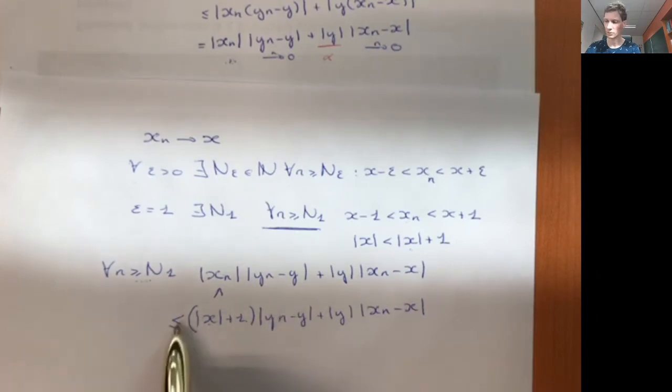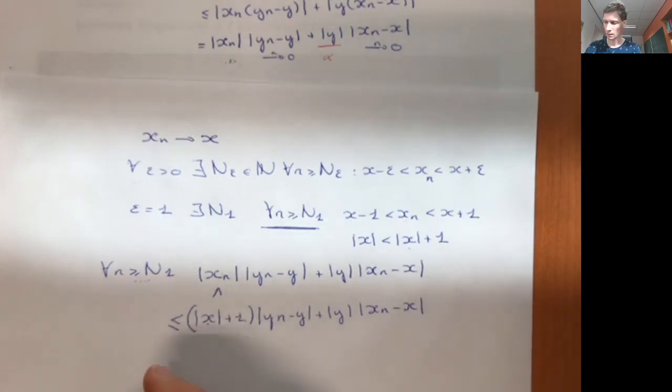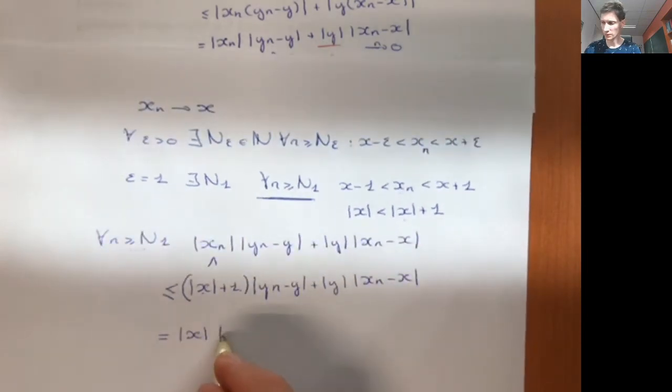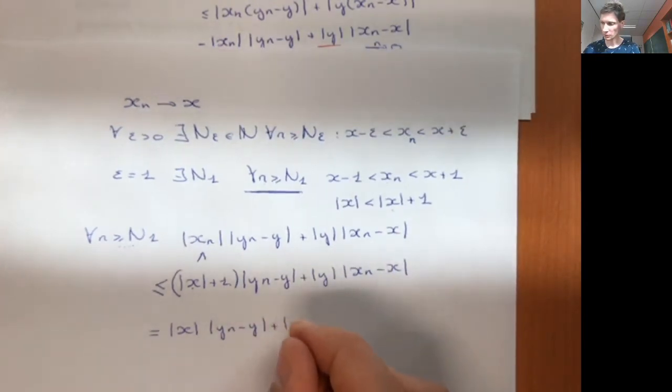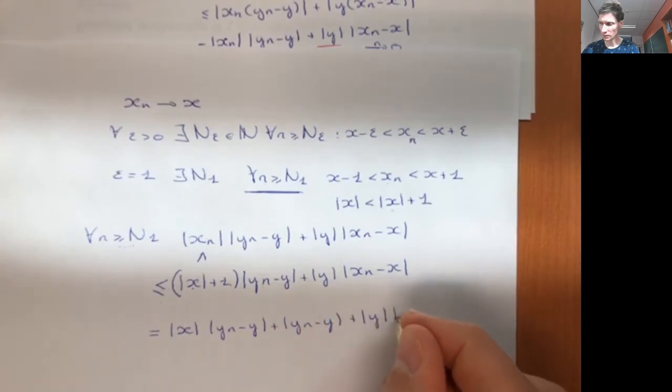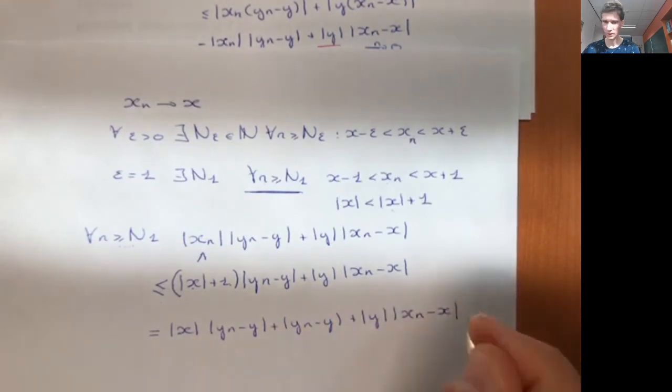In case this is 0, we have an equal sign. But at least we have a less than or equal sign. Then this can be written as the absolute value of x plus 1 times yn minus y plus the absolute value of y times xn minus x.